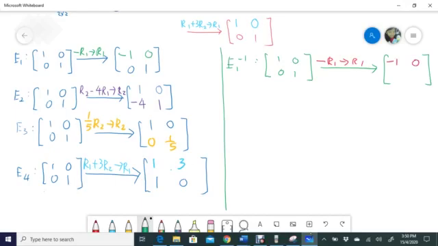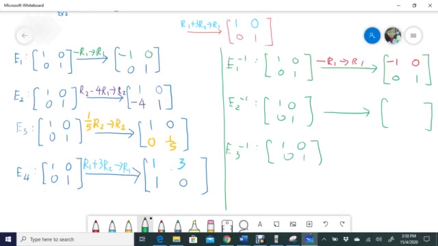The rest will still be the same. How about E2 inverse? Same thing, 1, 0, 0, 1. Same goes with your E3, 1, 0, 0, 1. Same goes with your E4, 1, 0, 0, 1.